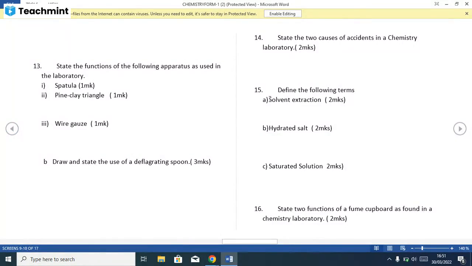Number 15. Define the following terms. Solvent extraction.